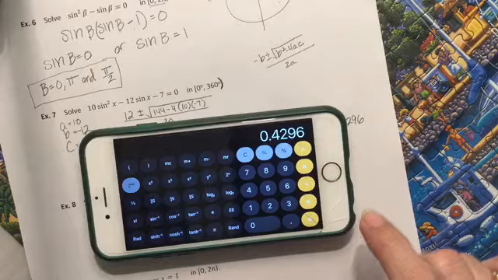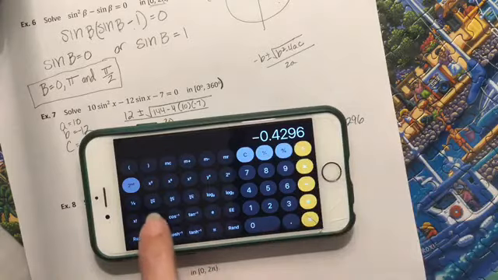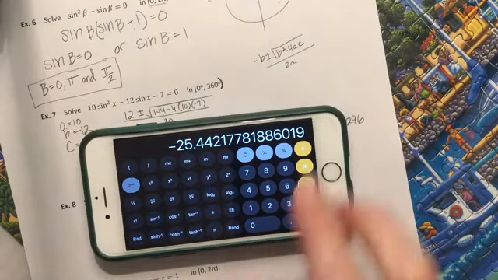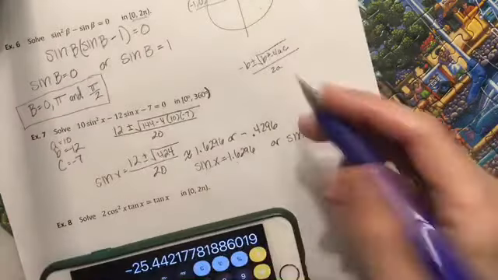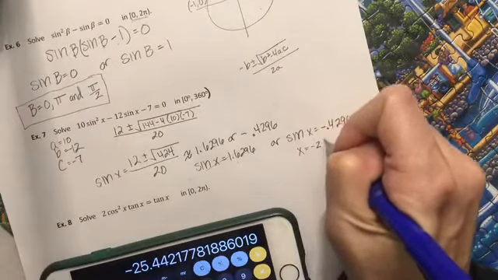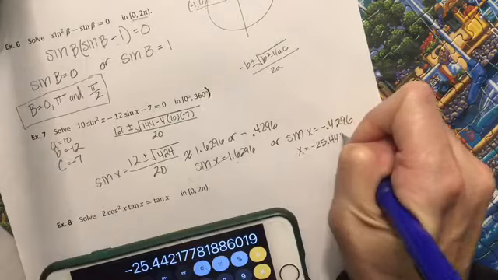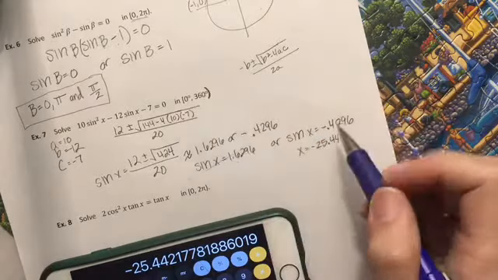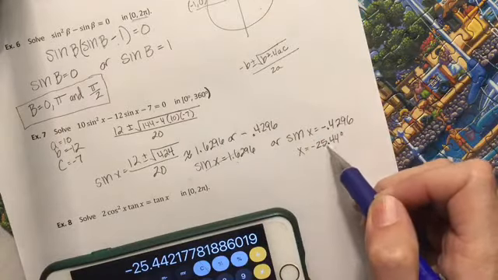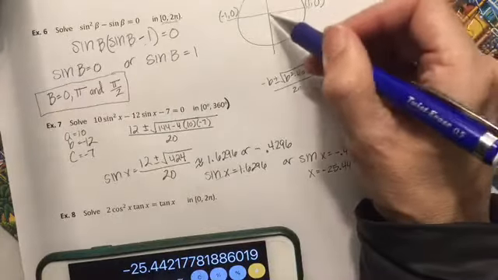Okay, so now I'm going to find the inverse sine of that. Okay, so I get negative 25.44. Now the problem is that is not in the interval. So we know where it is now. It's going to be like down here somewhere.